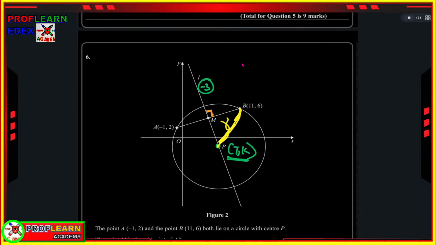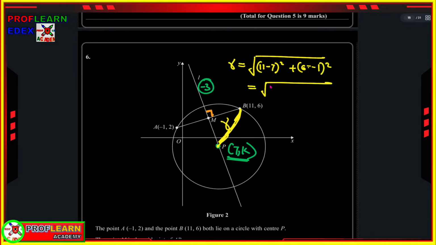So for us to find the radius r, we are going to say square root of (11 minus 7) squared plus (6 minus -1) squared, and this is going to be the square root of what?